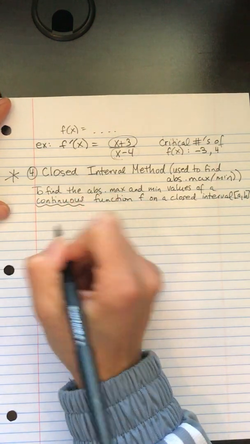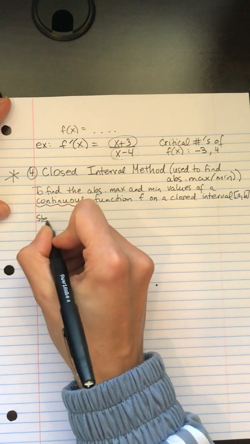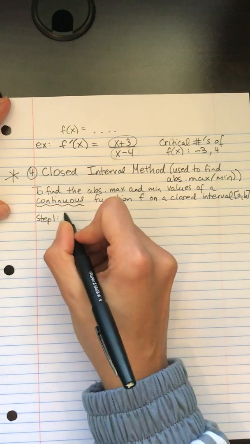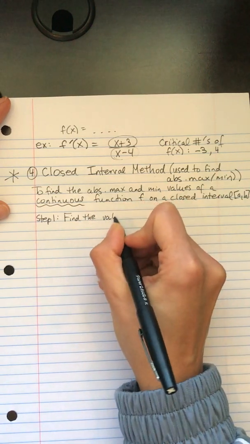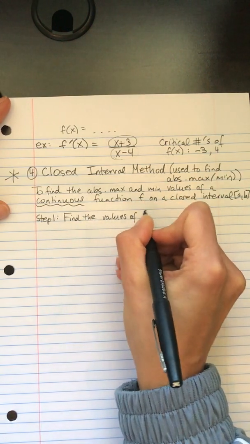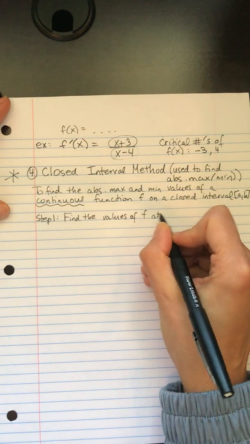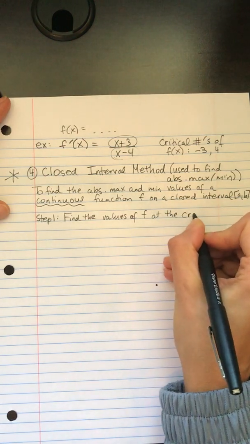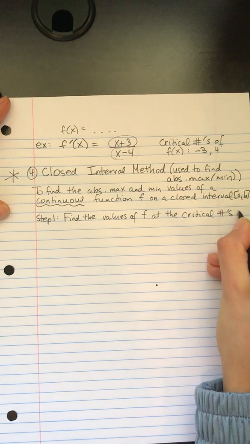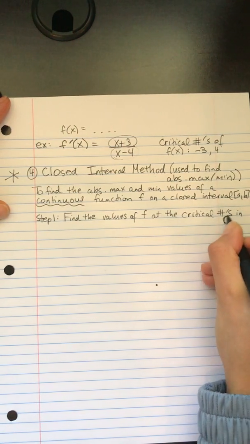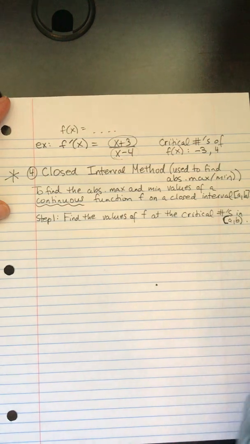Follow the following 3 steps. So step 1, find the values of f at the critical numbers in a to b. Okay?